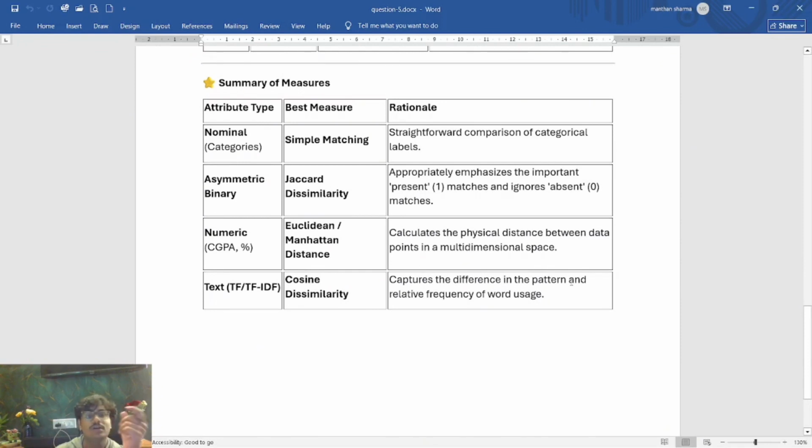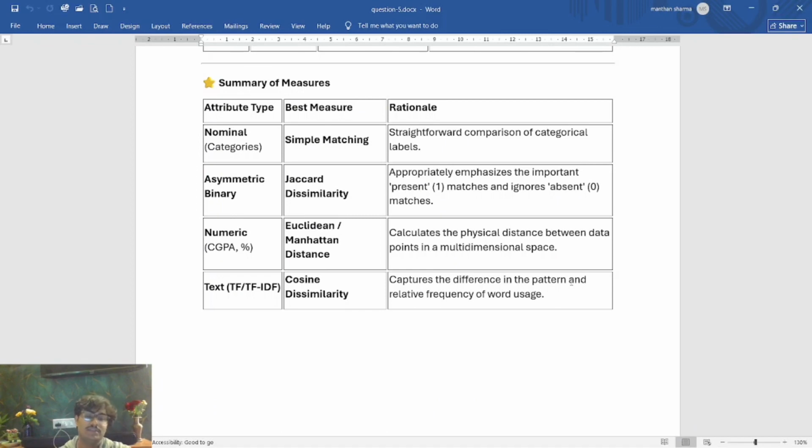For nominal, it is simple matching, a straightforward comparison of category labels. For asymmetric binary, we use Jaccard dissimilarity, which appropriately emphasizes the important present one matches and ignores absent zero matches. For numeric, like the CGPA or percentages of students, the measure we use is Euclidean or Manhattan distance, which calculates the physical distance between data points in multidimensional space.